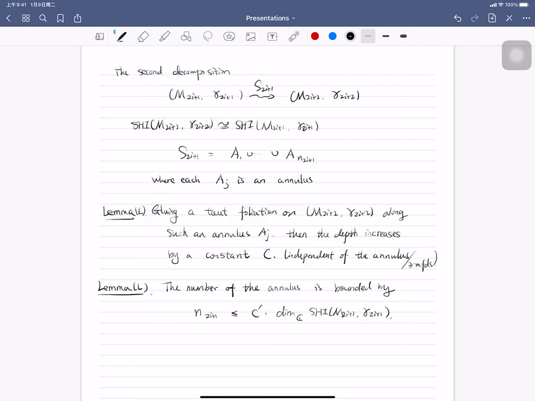So the number of annuli is bounded by a constant times the dimension of the sutured Floer homology.